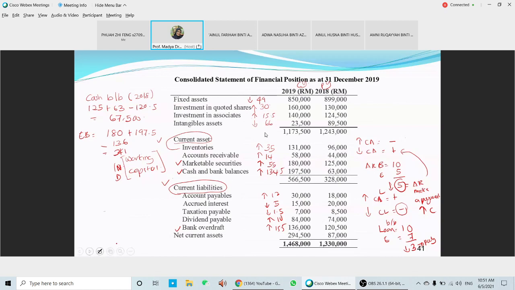Okay, can I put it here? The ending balance that you have here is 241,500. Okay, now we need to compare the ending balance and the beginning balance. The beginning balance that we have here is 67,500. So the difference between the ending balance and the beginning balance is 174.